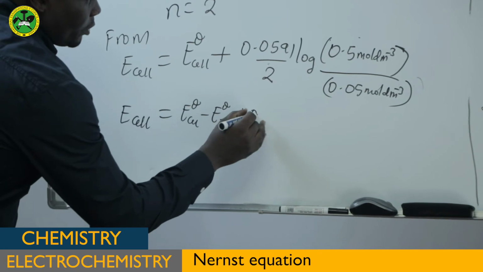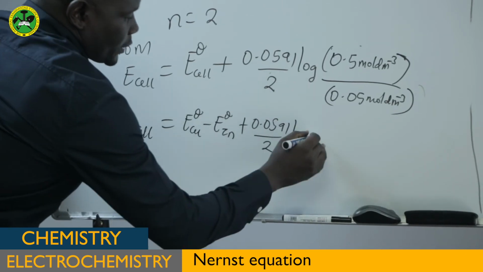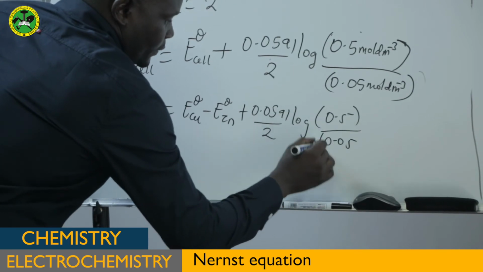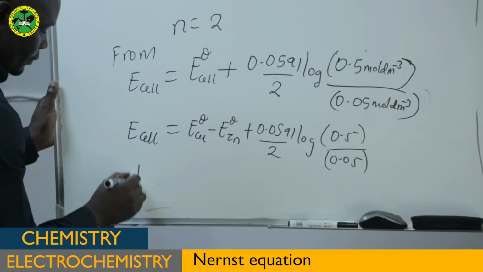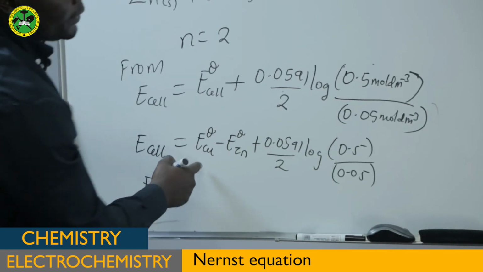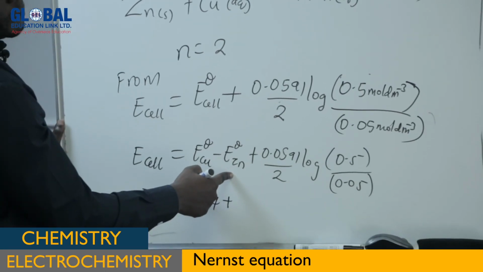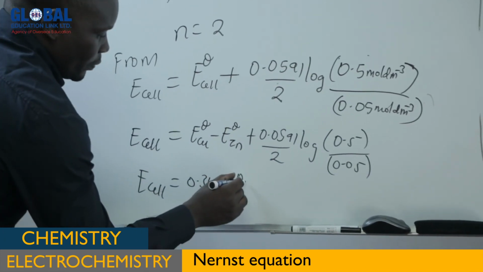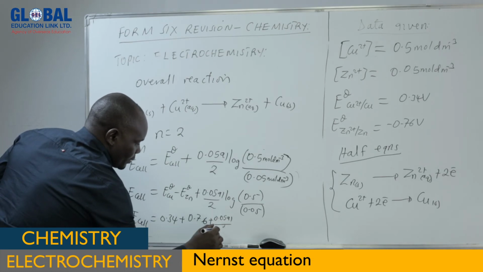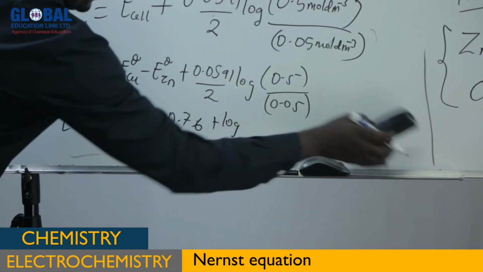Now the EMF of a cell will be equal to the standard electrode potential of copper, which is 0.34, plus the standard electrode potential of zinc, which is 0.76. It is plus because it was supposed to be minus minus. Then plus 0.0591 over 2, then the log of 0.5 over 0.05.